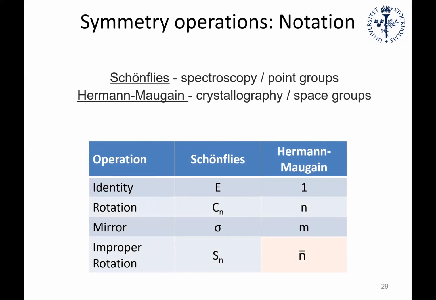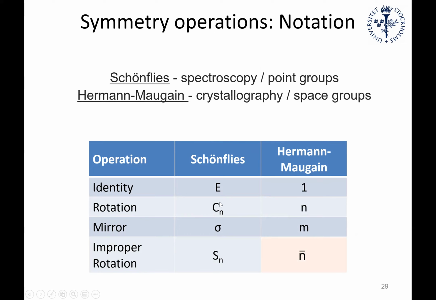For those of you who are quite familiar with symmetry and spectroscopy, for example, you're probably more familiar with the Schoenflies notation rather than the more crystallographic notation that we'll be talking about in this course. So there are equivalents.